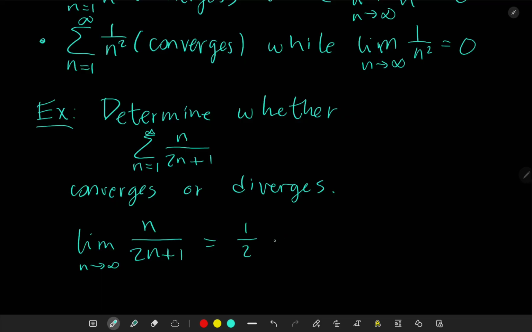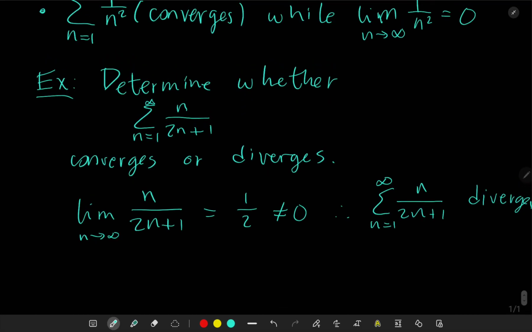This limit is equal to 1/2, which happens to not be 0. Therefore, the series diverges. Let's write it out: diverges.